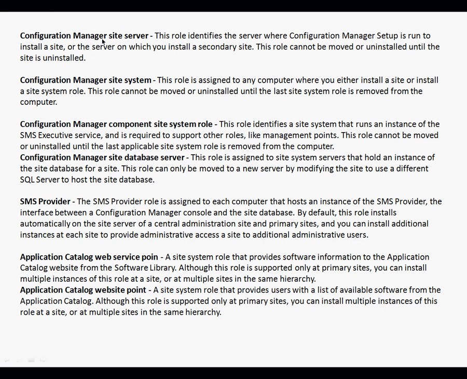Configuration manager site system is where you have any of the roles installed, either software update point role, management point role, distribution point role or fallback status point role. Any role installed on any server becomes your configuration manager site system.